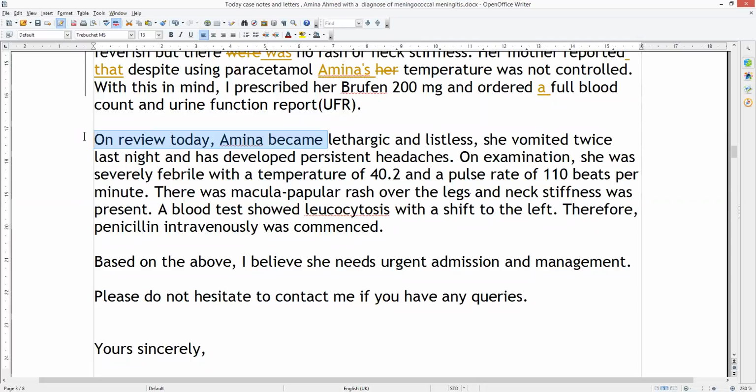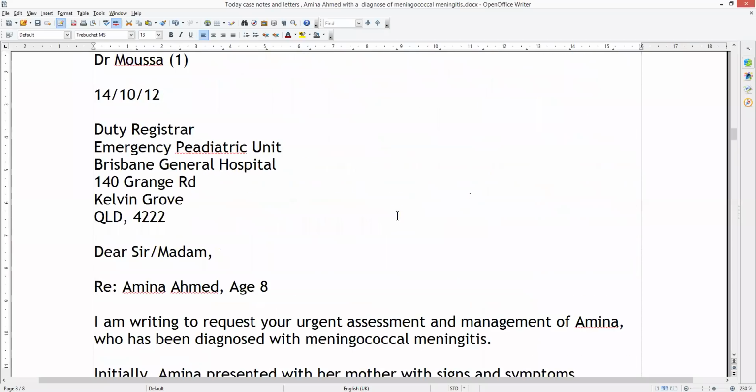So let me check the case notes, because if you are using this, it means that she started or became lethargic on review. But I think she was lethargic before, and she came to the examination room and you saw that she was lethargic, which is not the same thing.